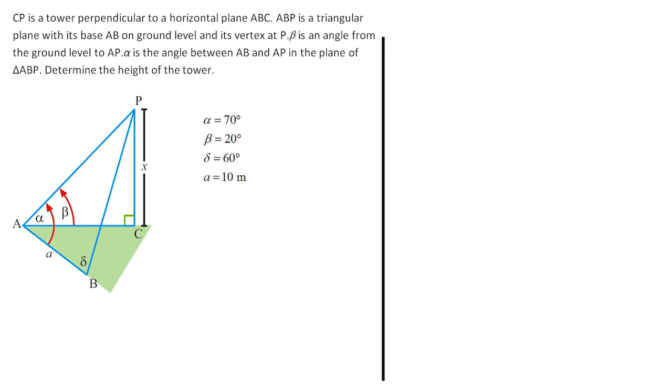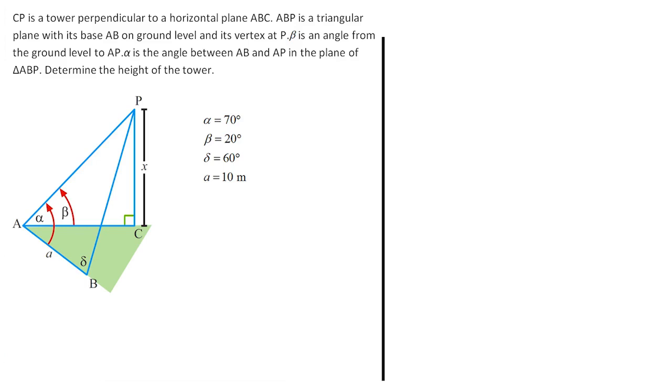Alpha is the angle between AB and AP in the plane of triangle ABP. Determine the height of the tower, which is X.